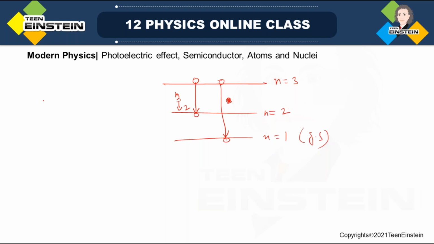Then we can write the expression 1 by lambda is equal to R Z square whole into 1 by n final square minus 1 by n initial square. Now let us suppose the first one is lambda 1.